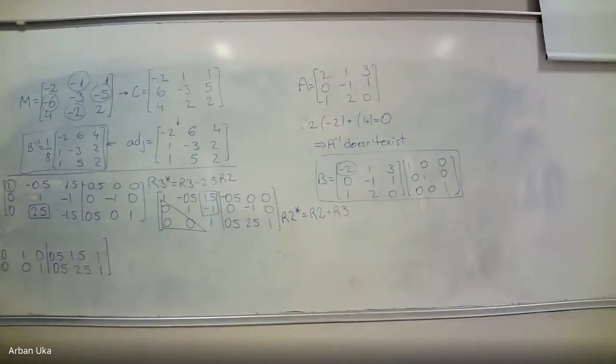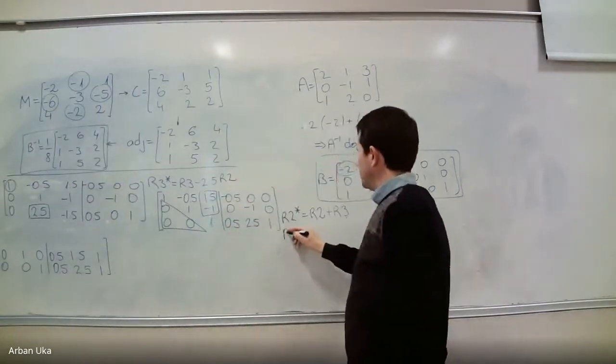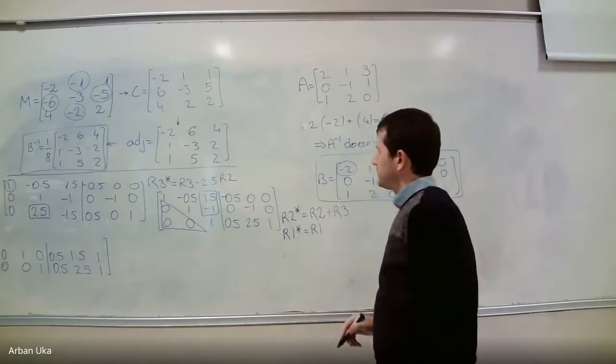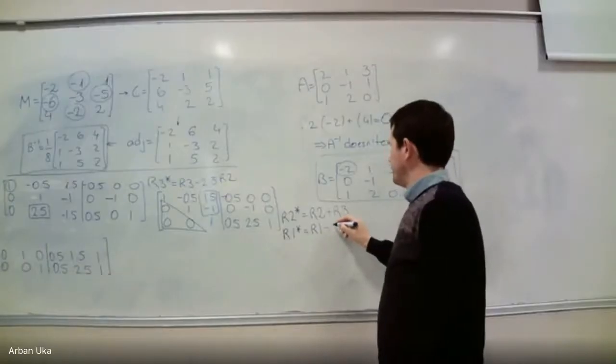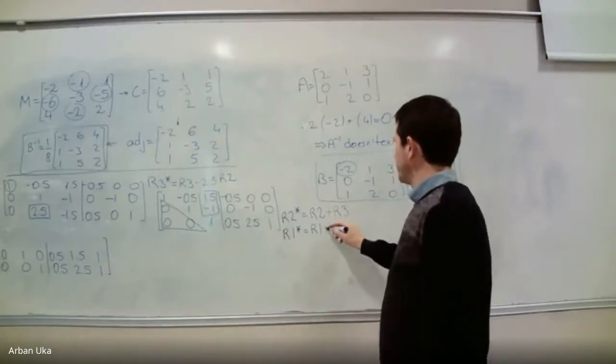Then 1, 1. Okay. And then how can we make this 0, this row 1? Minus 1.5 row 3. What if we make it plus? No, I was mistaken.